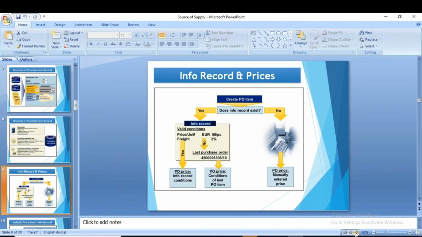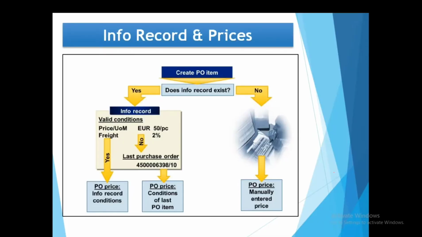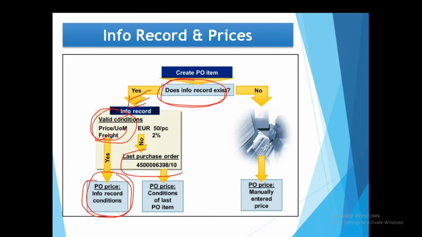Whenever you create a purchase order, the system will check whether an info record exists or not. If yes, the system will read the info record and propose the price and everything into the PO. If there is no info record, the system will search for existing purchase orders and propose the data from the last purchase order.